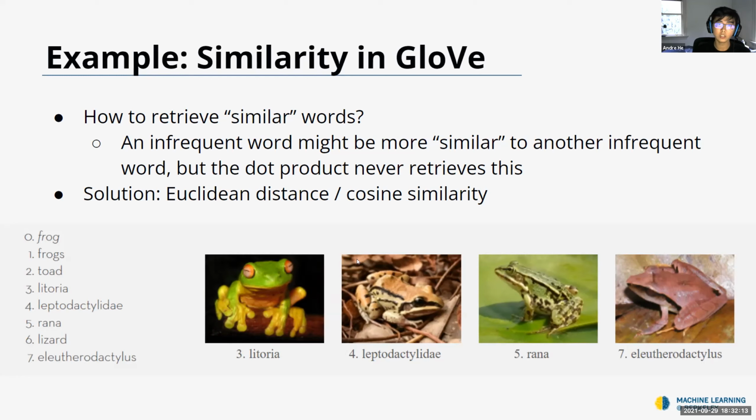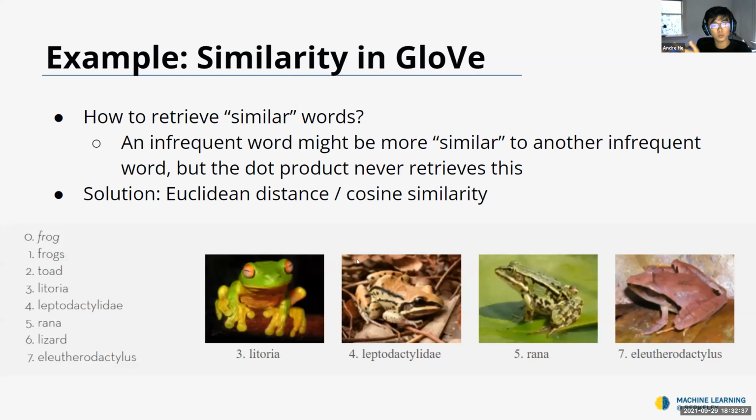And this is where Euclidean distance comes in, because while dot product measures the alignment between two vectors, Euclidean distance gives you the actual distance between those two vectors, right? So dot product tells you how well the two vectors are aligned. Euclidean distance tells you how close their tips are.